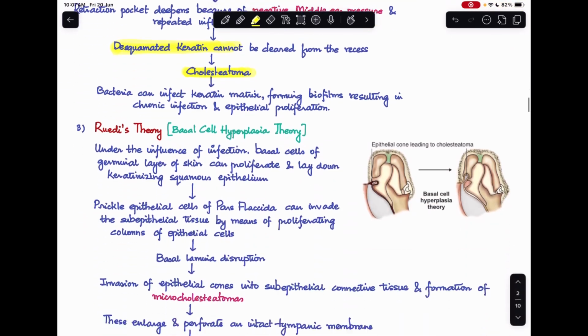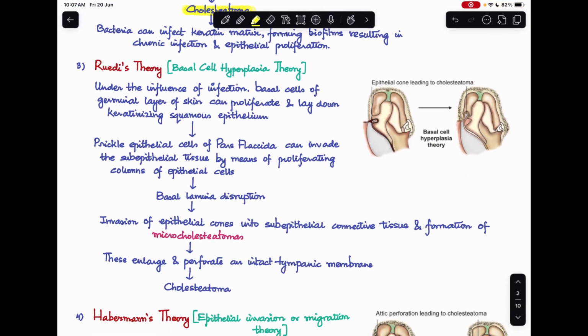Next is Ruedi's theory, which is also known as the basal cell hyperplasia theory. Here, under the influence of an infection, the basal cells of the germinal layer of skin can proliferate and start laying down keratinizing squamous epithelium. See in the image over here, there is an epithelial cone being formed, which starts to lay down keratinizing squamous epithelium.